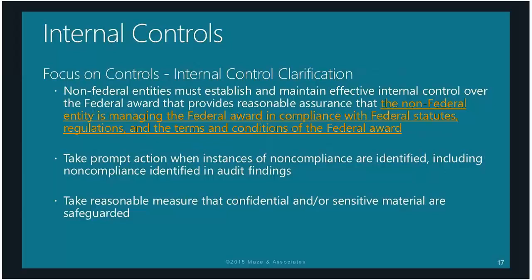Have the reimbursement requests been reviewed and approved prior to filing with the federal agencies? Has the non-federal entity taken prompt action when instances of non-compliance have been identified, including audit findings? And does the non-federal entity take reasonable measures to ensure that confidential and sensitive material is safeguarded?